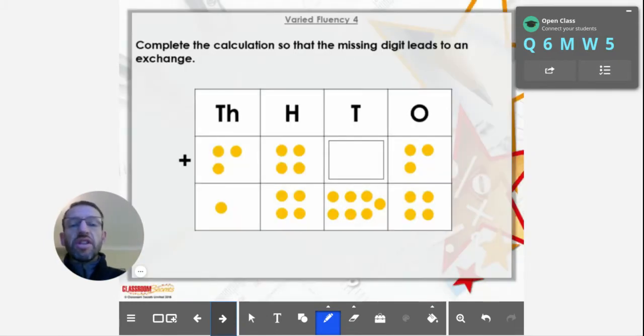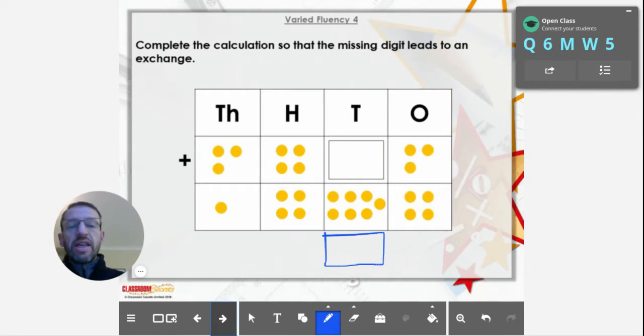Sometimes numbers are represented by discs. As we saw earlier, these are smaller discs in the ones, tens, hundreds, and thousands. There's a missing box. Complete the calculation so that the missing digit leads to an exchange. They want an exchange. That means something has got to carry on further. Whatever the answer is down here will have to be 10 or more.